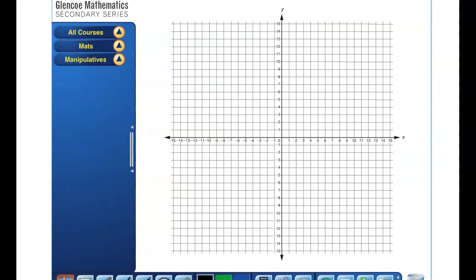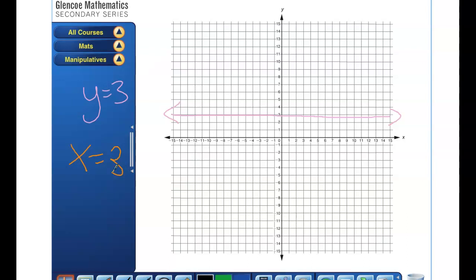Okay, please listen. Going back to y equals 3, we said it'd be right there, right? That's y equals 3. What if I have x equals 3? What type of line do you think that will be? Jack? Vertical. At what? At 3, right?